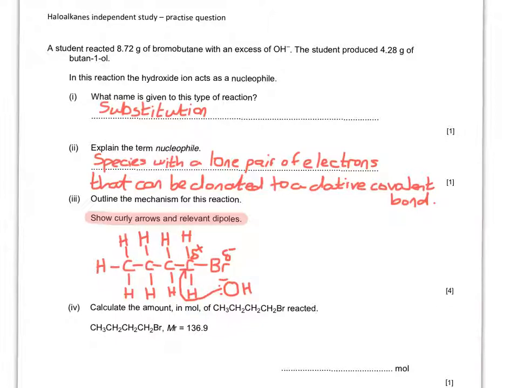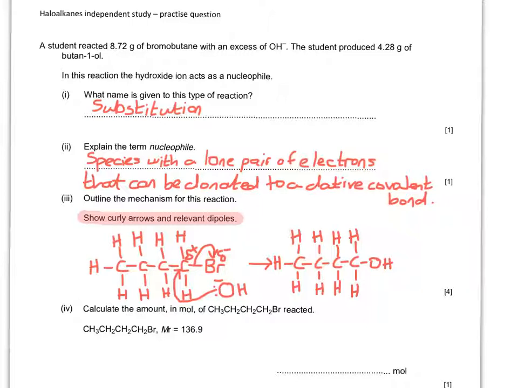So now what can happen is that the carbon-bromine bond can break. Bromine is more electronegative than carbon, so the bond pair goes on to the bromine. And that means the OH now bonds to the carbon via the oxygen atom, so that gives us butan-1-ol, and not forgetting, of course, our bromide ion.